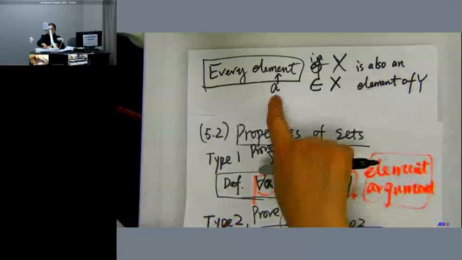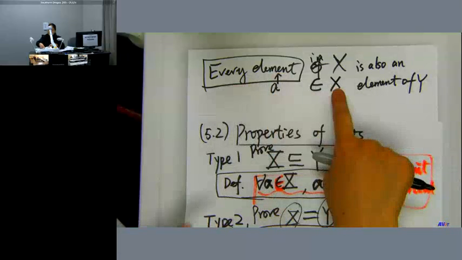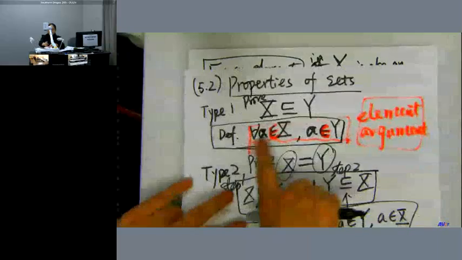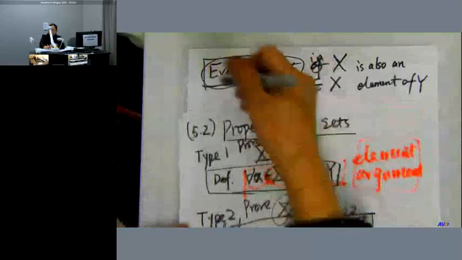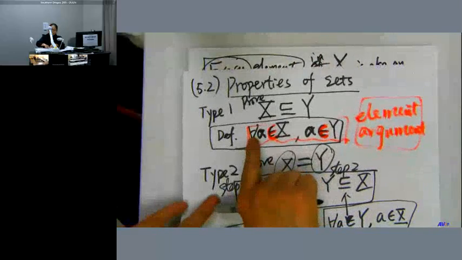You start with the element, an arbitrary element A in the set X. That's what I put. For "every," we use the symbol for every. So for any, you can read it as every.